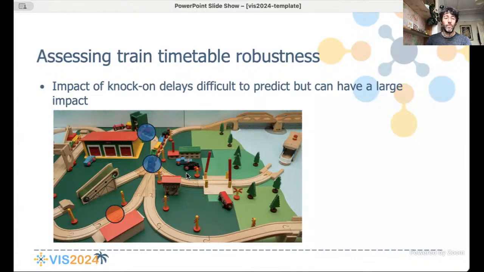So you often get cascading reactionary delay, or knock-on delays, and these can have quite unpredictable consequences on overall delay. We were interested in finding timetables that are vulnerable to that or not. This problem is especially common when the network is very highly loaded, working at capacity.